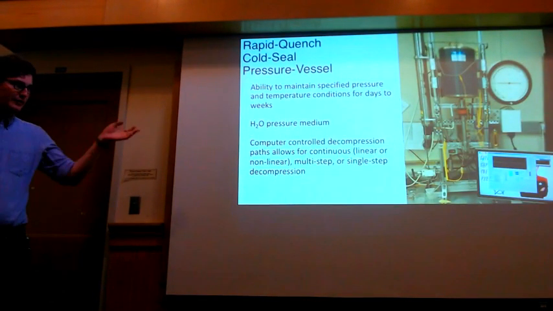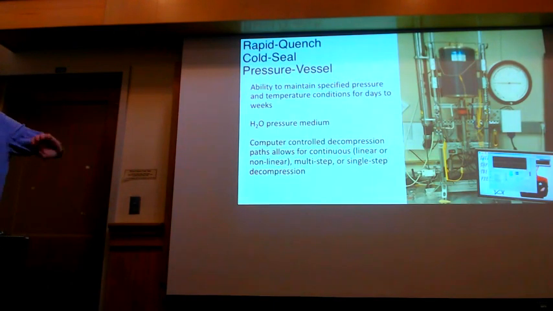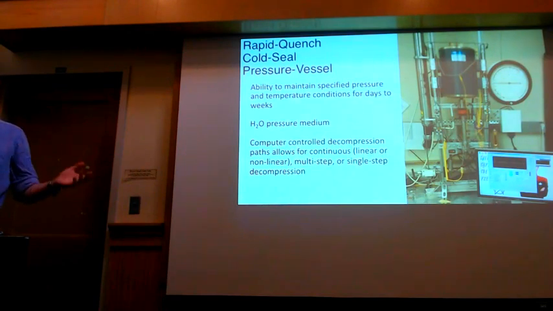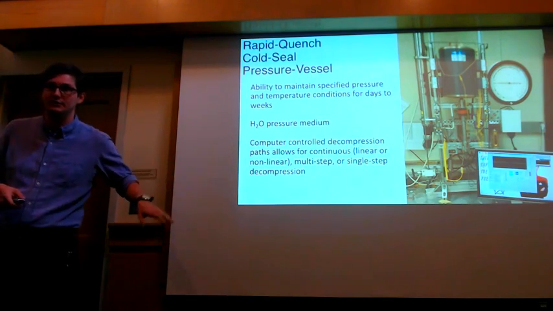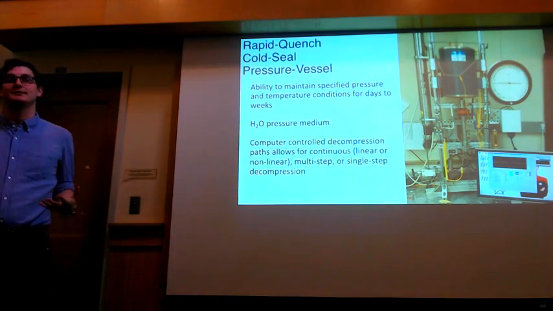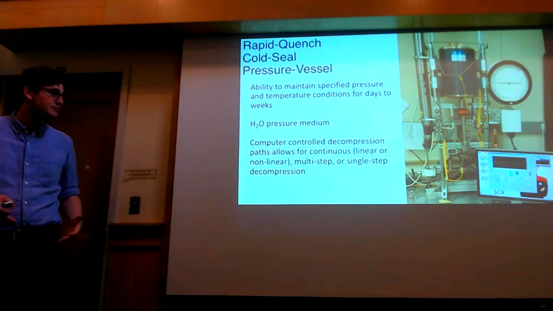I'm sure everybody has one of these at home, but this can hold our sample at high temperatures and pressures for days to weeks to even months if we really needed to, to hopefully equilibrate our sample. And then we can do computer-controlled decompression to decompress our sample along continuous decompression paths, multi-step, or single-step.